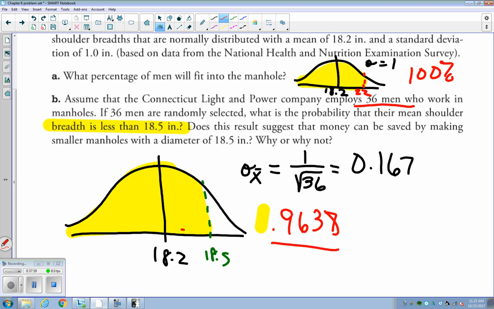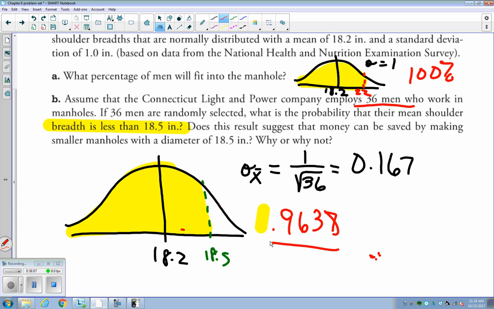So if I went back here and said, hey, if I change this to 18.5, am I reducing a lot of our population? Yeah, because this result is based on a random sample. This is the entire population. Does that make sense? So I wouldn't want to change those manholes.